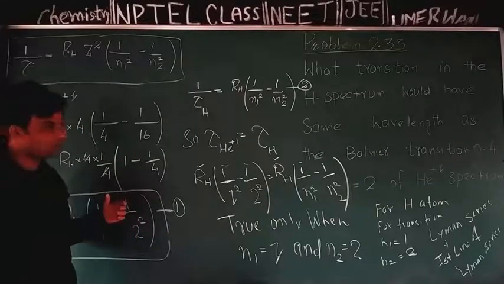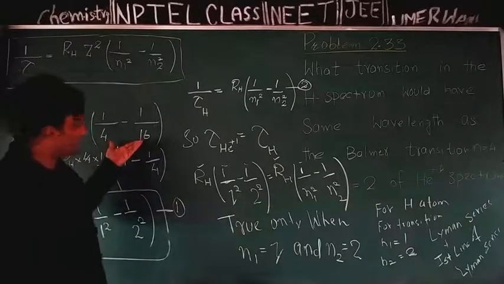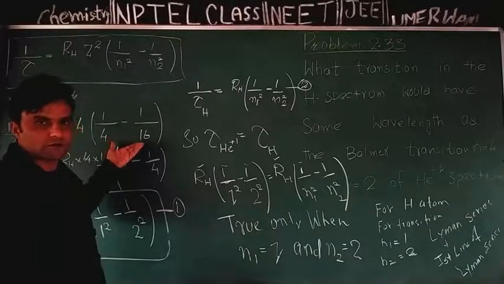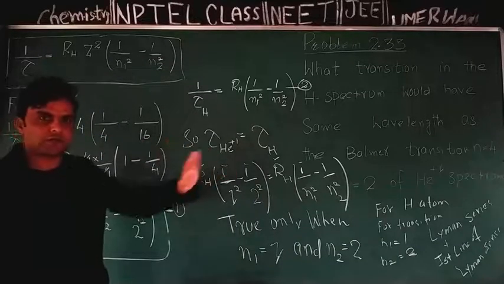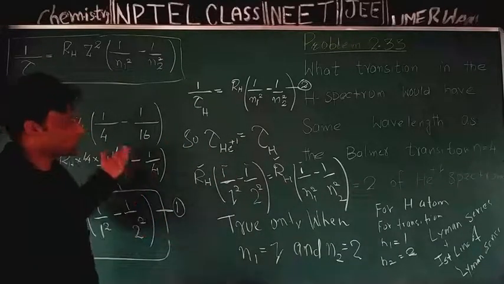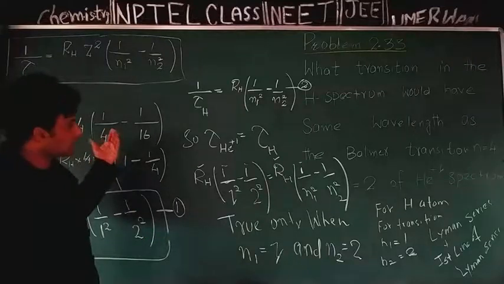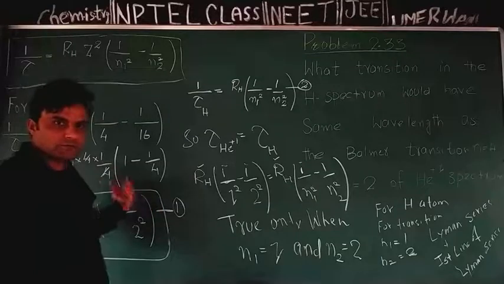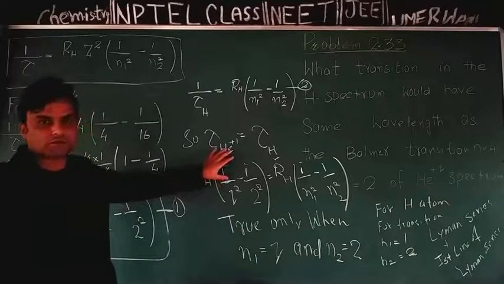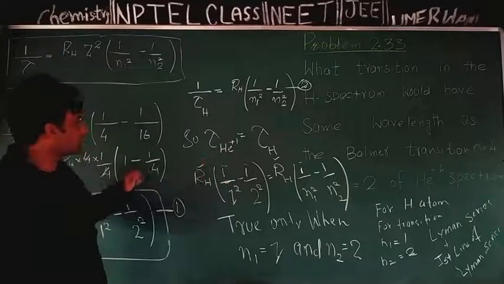This is the difference, that lower energy orbit number and higher energy orbit number in case of helium ion and hydrogen atom are different. Corresponding lines belong to different series. Here Balmer series, here in case of hydrogen Lyman series. But what is the similarity?